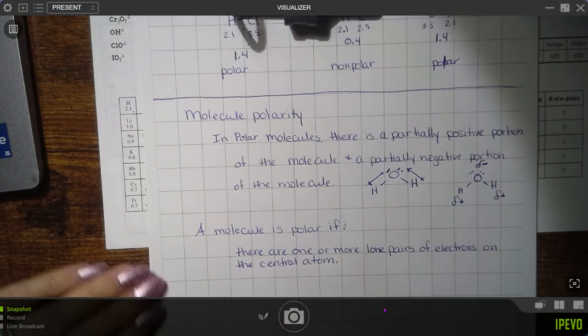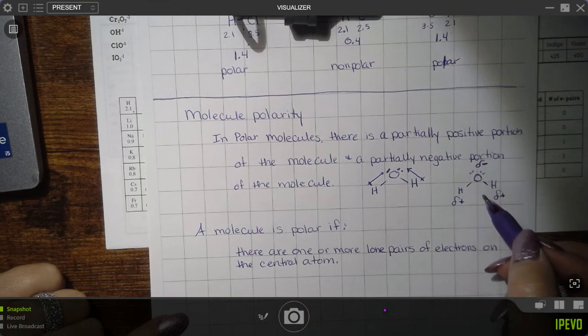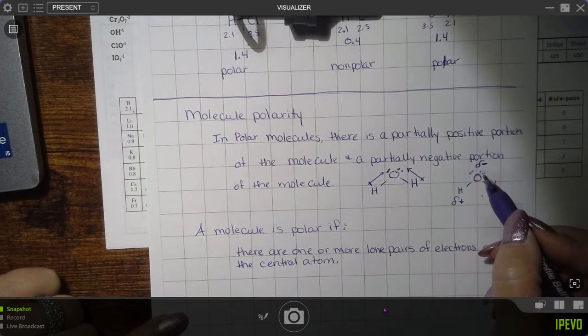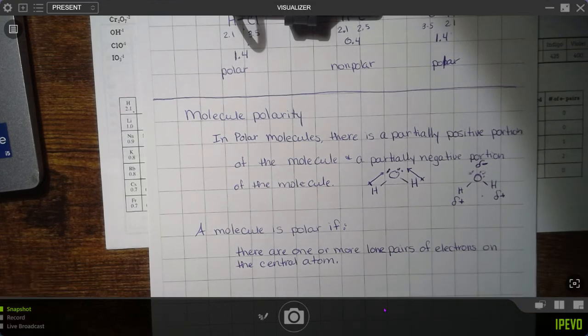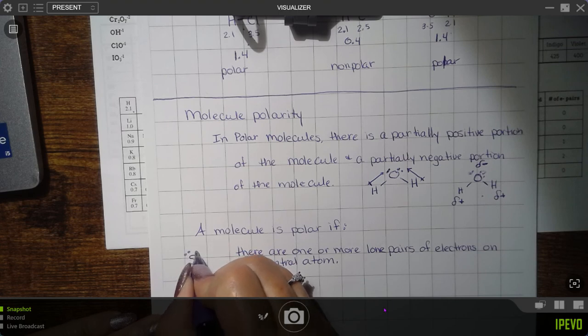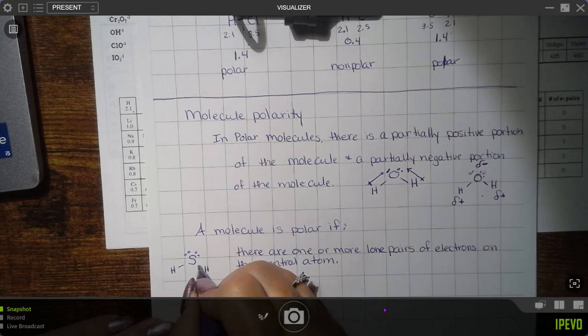So water, H2O, is a perfect example. We've got these two lone pairs of electrons on the central atom. That makes water a polar molecule. Another example of a polar molecule, and in this unit we are going to draw the structures for you, you won't have to draw them, but you should be able to look at them and see.